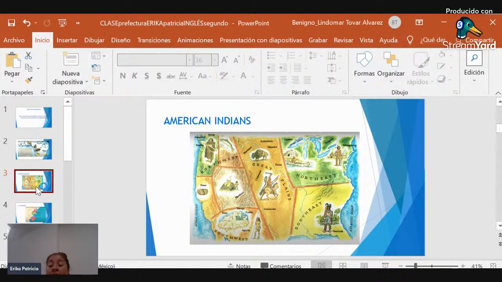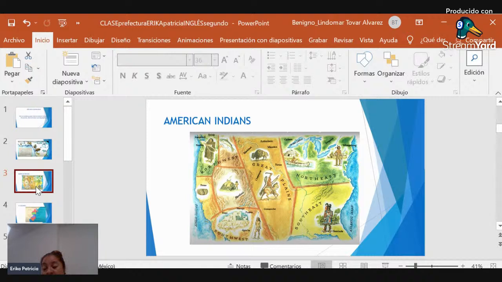Also, they had different languages, they wore different clothes, and they ate different animals and plants according to the region they were living in. We had the Northeast, the Southwest, the Great Plains, and the Southeast. And all these people were the first people in America.